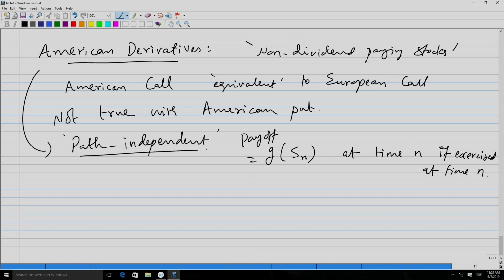Now, recall how we determined the prices earlier. In the arbitrage pricing theory argument, you started at the last time point N, where you determine the payoff at each state. Then you determine the amount required at the previous time point in order to hedge from that point to the next point, and you went backward in time all the way up to 0.